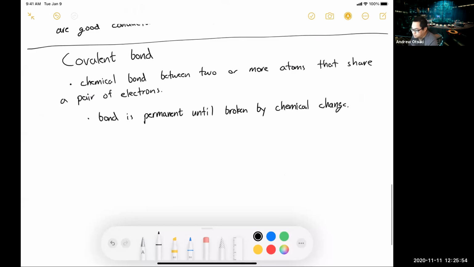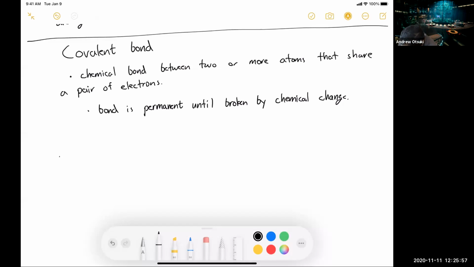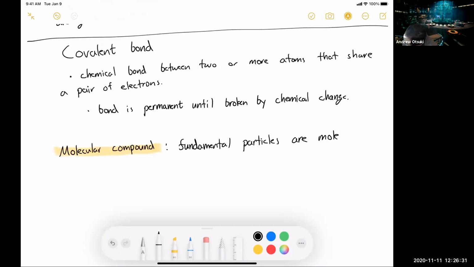Okay, so let's talk about molecular compounds. So in a molecular compound, the fundamental particles are molecules rather than ions.